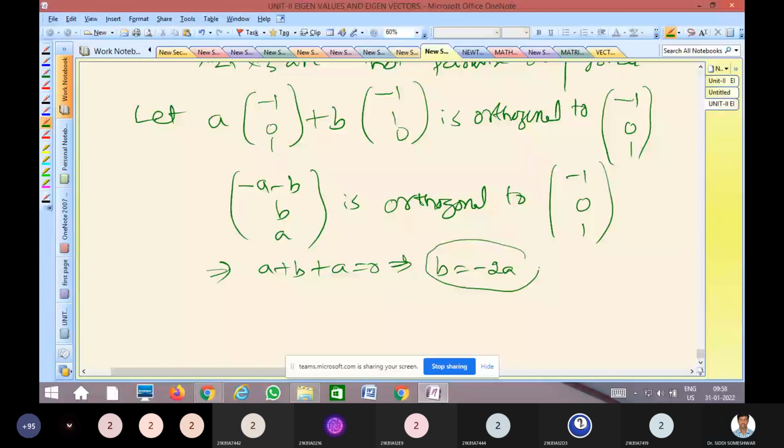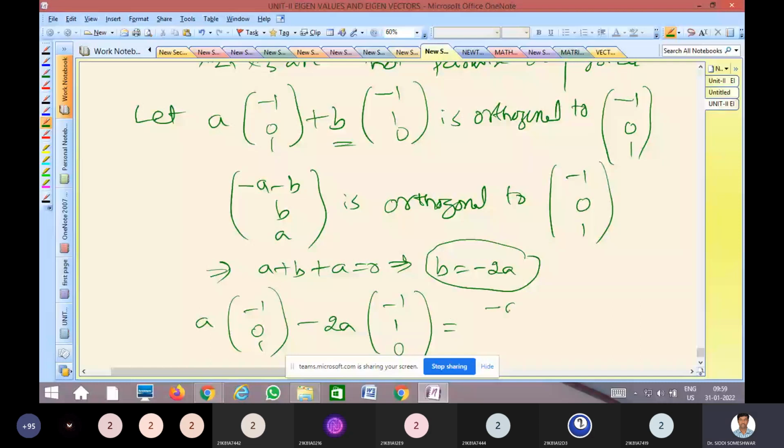So I am substituting that B value here. What will you get? A into minus 1 0 1 minus 2A into minus 1 1 0, which is equal to, what will you get here?